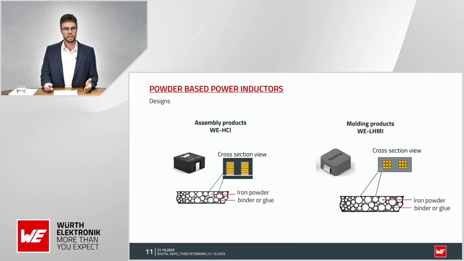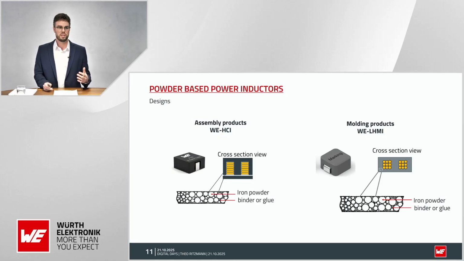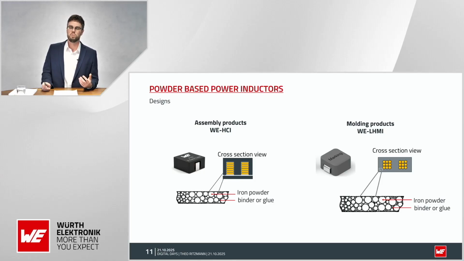Then later there came also the so-called molding products. So now the powder was pressed around the coil and then cured after that. So not in an assembly process, but the curing happened then with the coil already inside. The huge benefit is that then we have a way better space utilization.